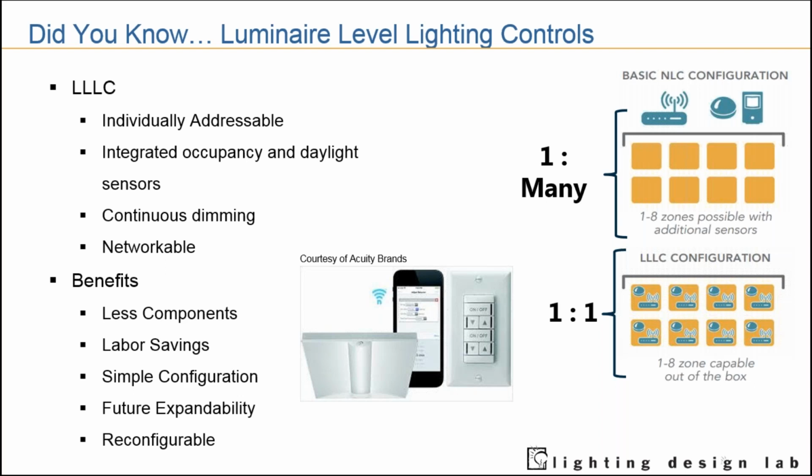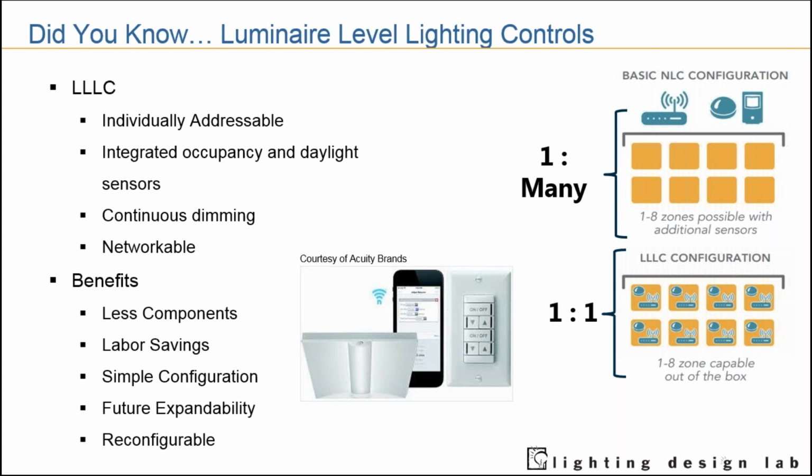A good way to think about LLLC, your Luminaire level lighting controls, is on the right-hand side as a one-to-one relationship to fixtures. When we talk about network lighting controls, we have a load controller that's going to be dimming up and down a group of fixtures, and it's going to listen to, be it a ceiling sensor, daylight sensor, or wall control.